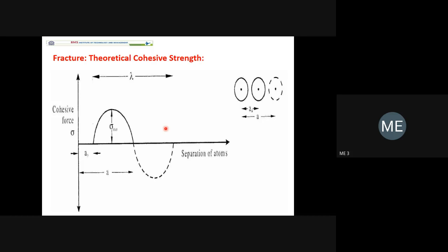If the atomic distance is more and more, there will be repulsive forces. If two atoms are very close, there are attractive forces. If you know those physics fundamentals, then this derivation will be easy.